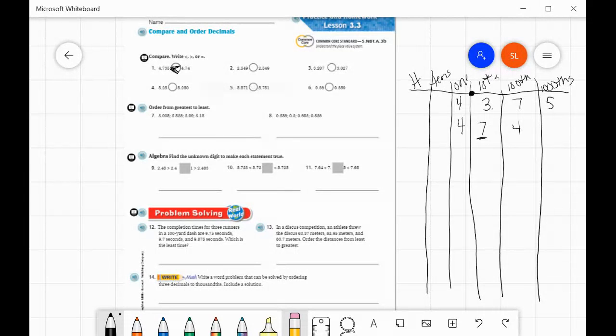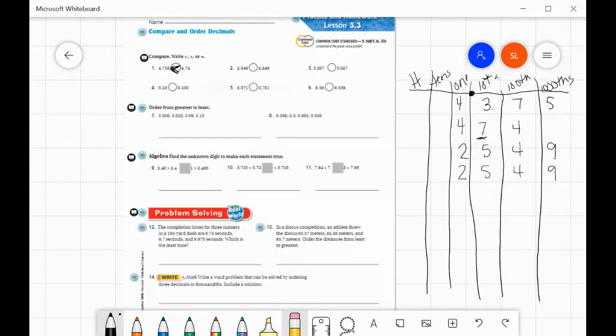All right, so the next one we would put 2.549 and then 2.549. Now, when we look at these two numbers, what happens? They're the exact same.